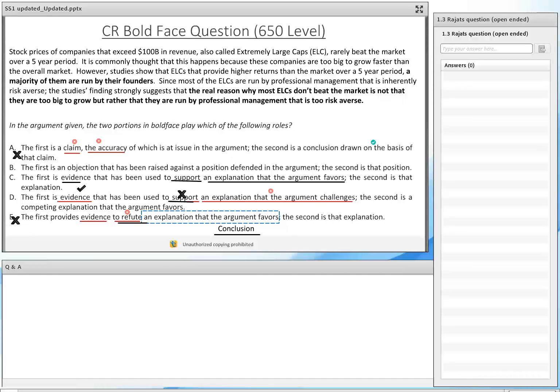And does the first support the main conclusion of the argument? Does the first support? Absolutely. So this is correct, this is correct, this is correct. Then it goes on to say the second is that explanation. The second is the main conclusion. So every aspect of choice C is correct, which makes choice C the correct answer.